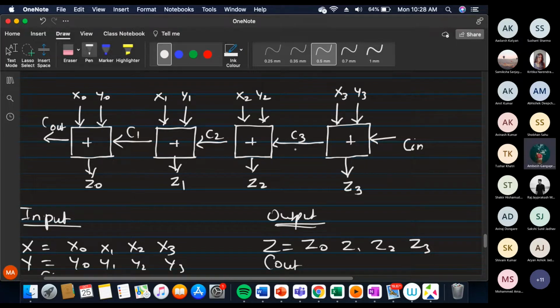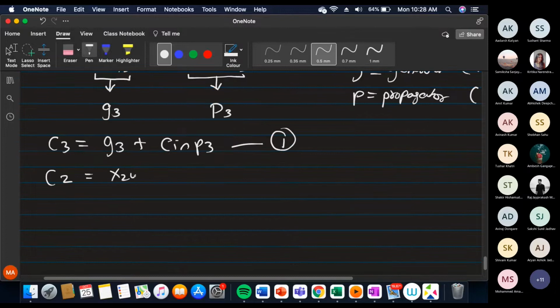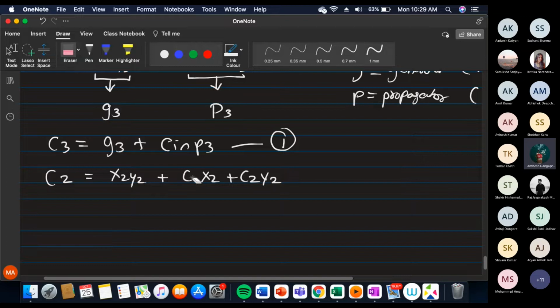So C2 will be equal to x2 y2 plus C3 x2 plus C3 y2.